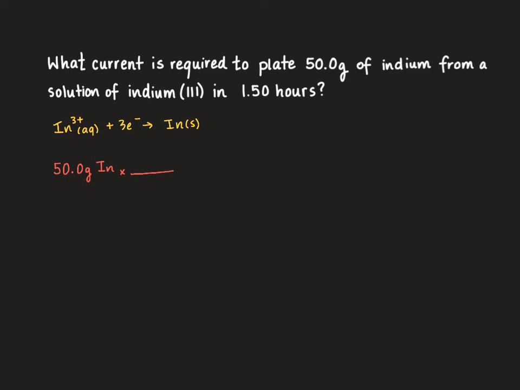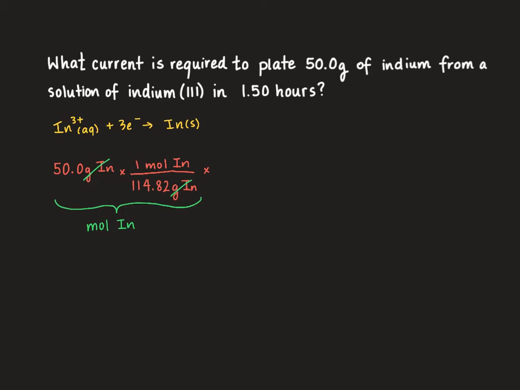So that's going to be 114.82 grams of indium for 1 mole of indium. That calculation gives us moles of indium that we're actually going to be plating out. Our grams here are going to cancel.